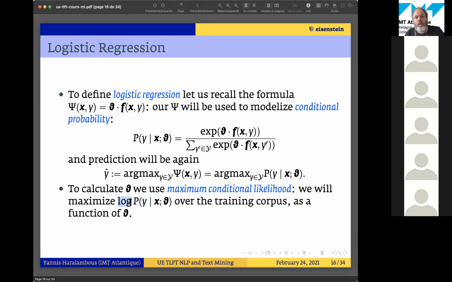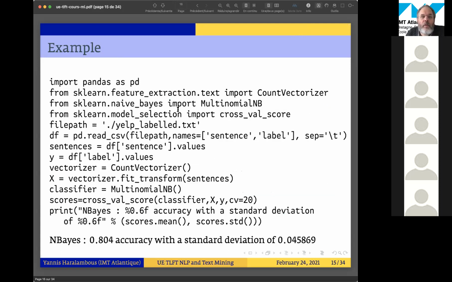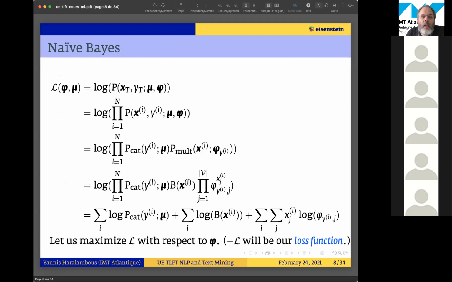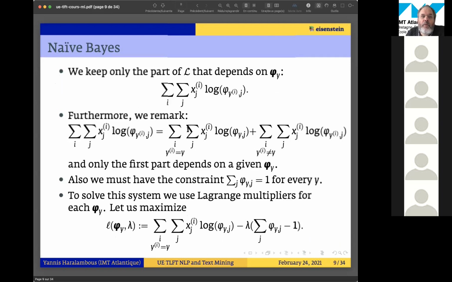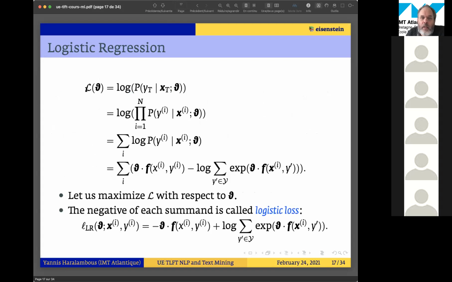And once again, we have a log, and we will calculate theta over the training corpus. So you see this slide looks a lot like the previous slide. I'm using the same methods as for naive Bayes. I'm taking likelihood, which is probability, but as a function of my parameter, theta. Here is the formula.